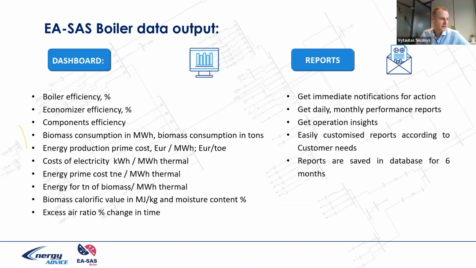Even if you provide task control, set point task, it shows the difference between the real value and the provided optimum value. These reports are saved in a database, and you get by email what is going on with our solution, and how efficiency is increasing in comparison with previous data.